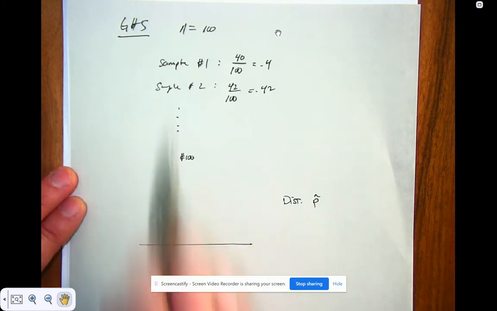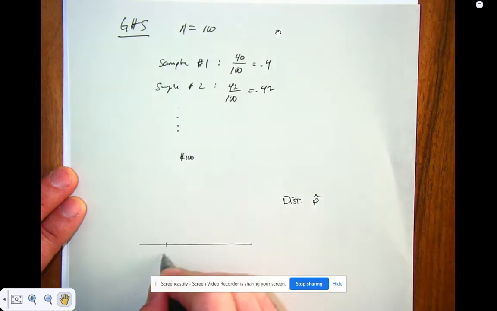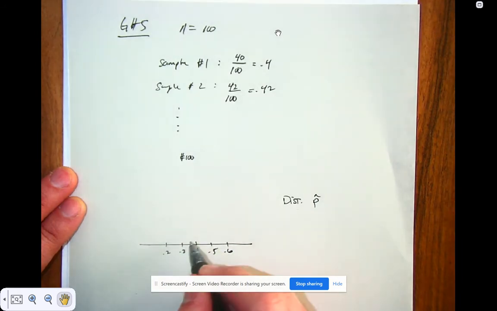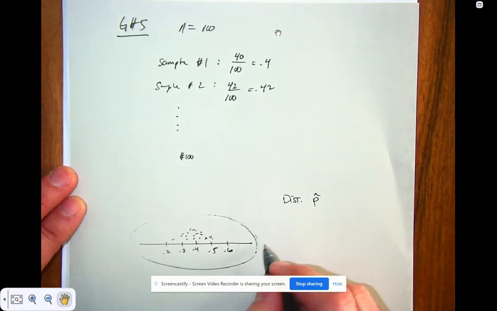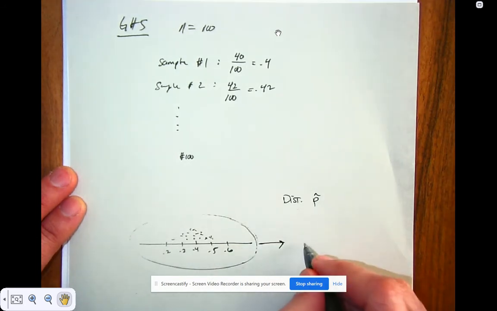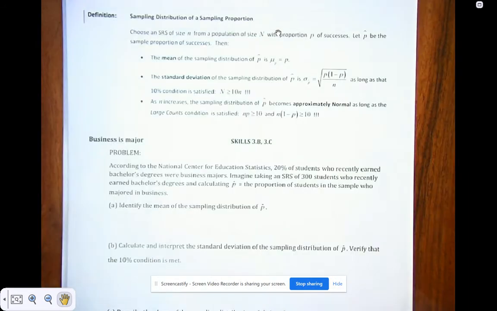P hat is all of these samples, so we have 0.2, 0.3, 0.4, 0.5, 0.6, and we keep track of all of the results that we get. Then we use that information to figure out what we know about the actual proportion, the population proportion.